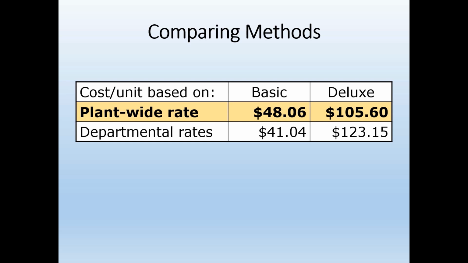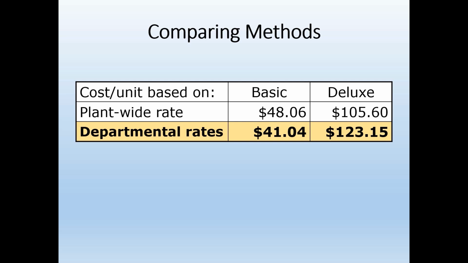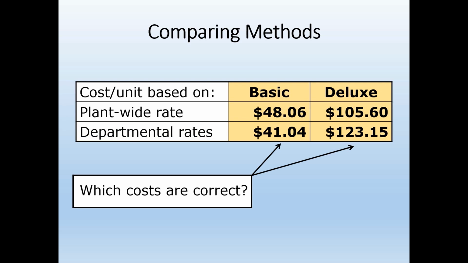The single plant-wide rate says that both products consume manufacturing overhead resources throughout the firm the same way that they consume labor dollars. By contrast, the departmental rates say that both units consume assembly department resources in proportion to how many machine hours they use, whereas the two products consume packaging department resources in proportion to how many labor dollars they use. So the question is, which costs are correct?